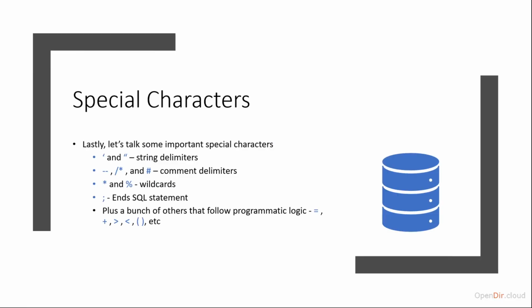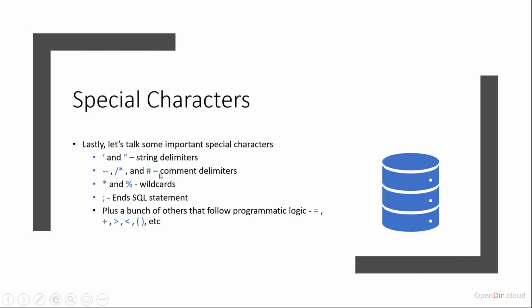So with that all being said, let's quickly talk about special characters you're going to see in SQL. So you saw an example of a few here. We had string delimiters. Again, we have a single quote or double quote, right? And that's just for a string, similar to coding. And a lot of this logic is like programming logic. We have comment delimiters. So we have a dash dash, which you're going to see here very soon. We have a /* asterisk, and we have the pound sign.